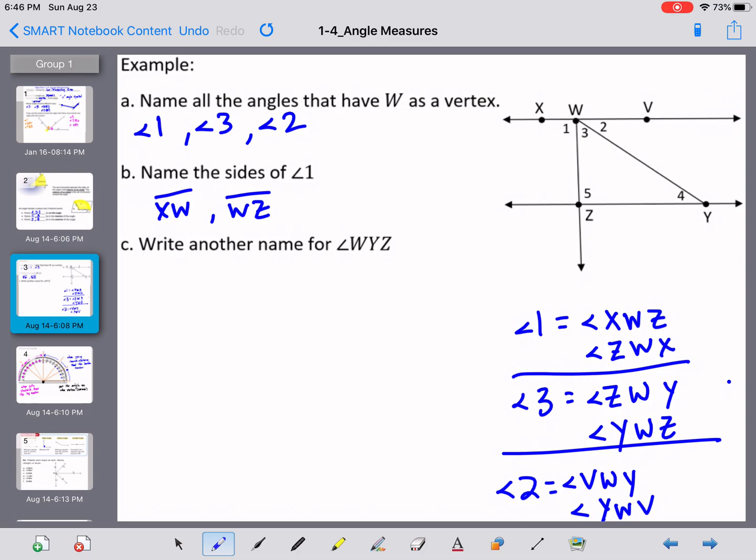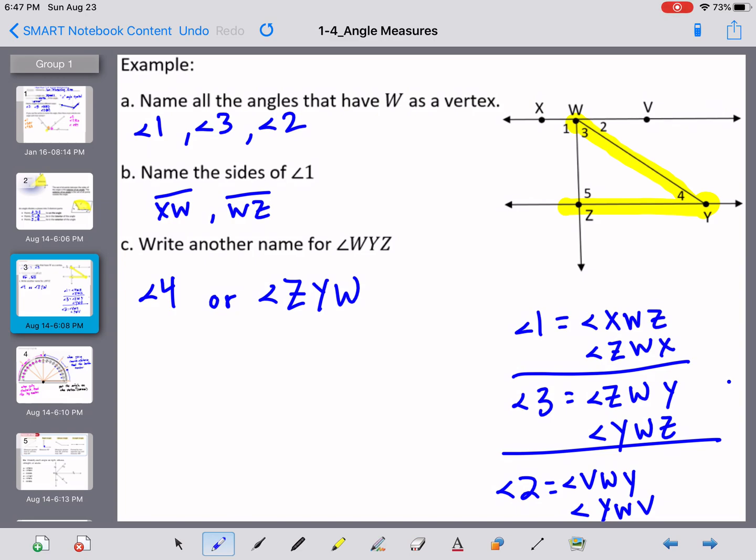Oh, no, we didn't do WYZ. All right, so here's W. And I'm going to go, where's Y? Well, Y is down here. And now I've got to connect over to Z. So I could say angle 4. Or I could be fancy and say angle ZYW. All right, either of those two names would work.